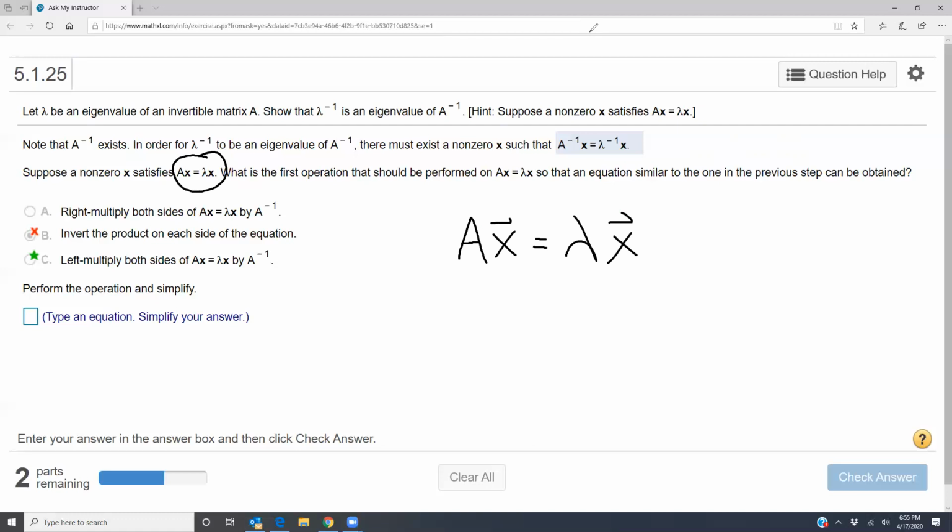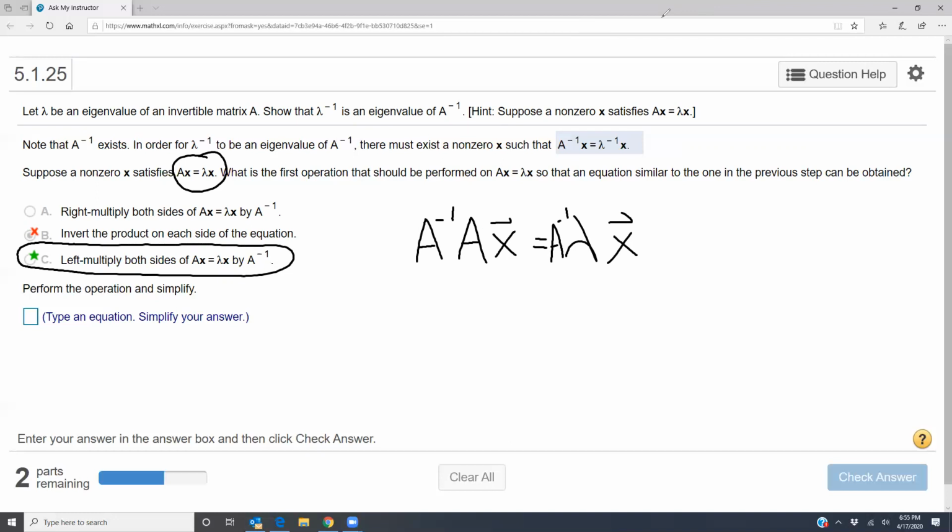Now, right or left multiply does make a difference because remember, matrix multiplication does not commute. So I would want to multiply on the left by A inverse. And so I'm going to select left multiply both sides by A inverse.